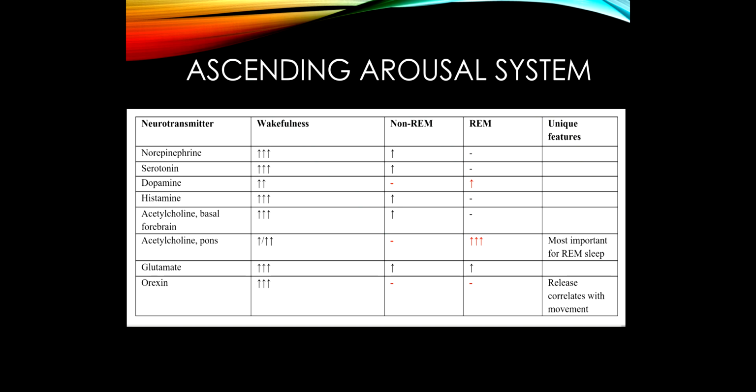What you're doing is releasing orexin, which stimulates wakefulness. So you'd want to take that away from this diagram, and also remember that acetylcholine from the pons is the most important in terms of activity increase during the REM stages of sleep.